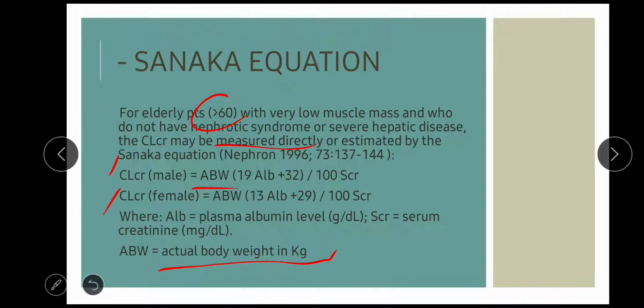Actual body weight times 19 times plasma albumin level plus 32 over 100 times serum creatinine for male. For female naman, yung actual body weight natin, remember, in kilograms, times 13 times yung plasma albumin level natin plus 29 over 100 times serum creatinine natin.